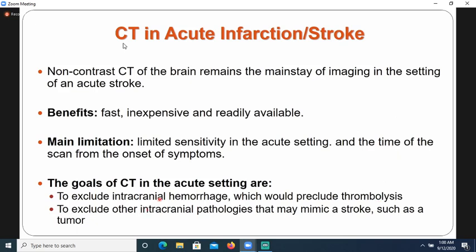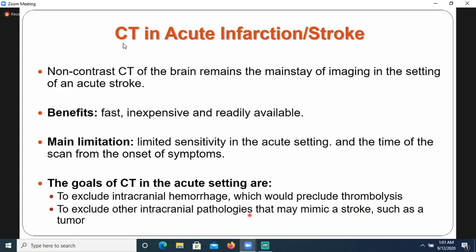So the CT is to see whether there is any intracranial hemorrhage; if there is none, the patient can go for the MR. It is also to exclude other intracranial pathology that may mimic a stroke, like a tumor.